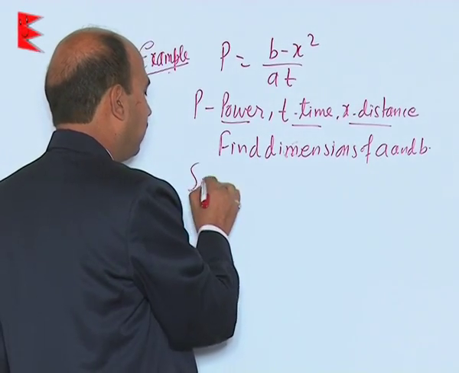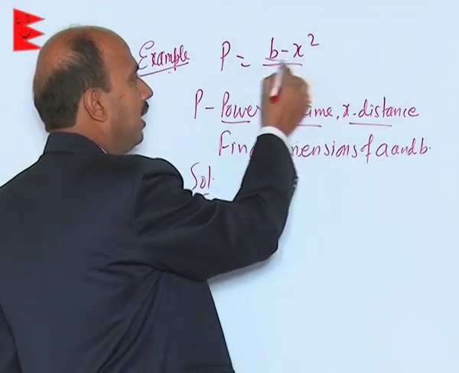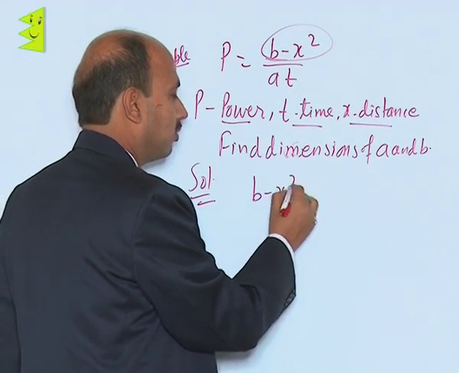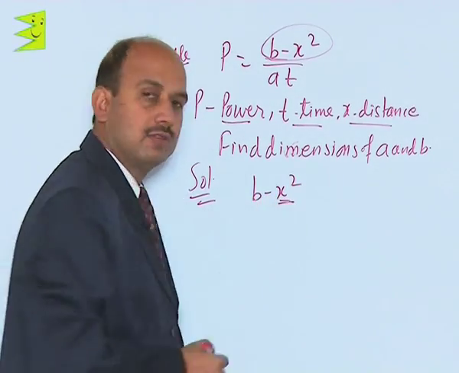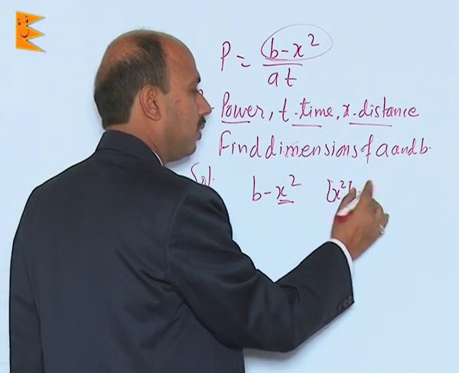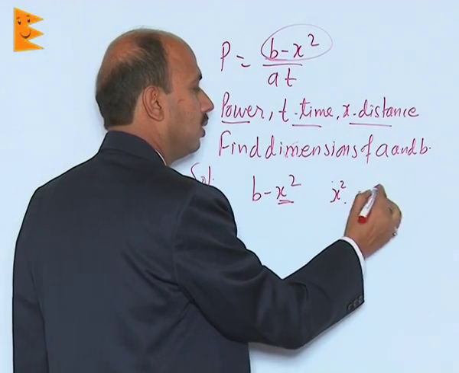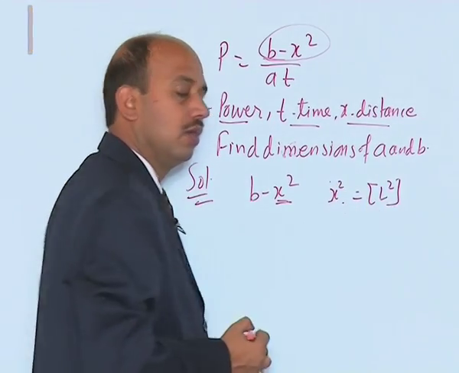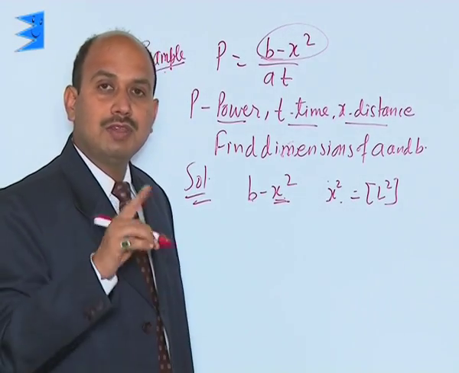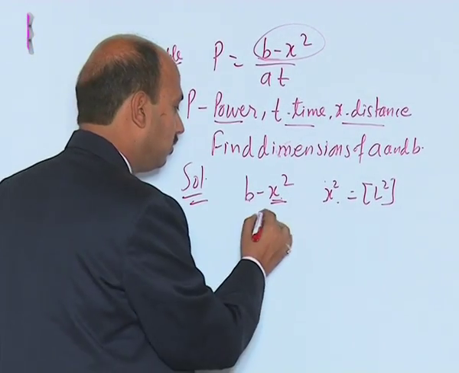See here example, here B minus x square, see x is a distance. So, obviously x square can be written here L square. Now, x square is subtracted from B. So, obviously B and x square have the same dimensions.